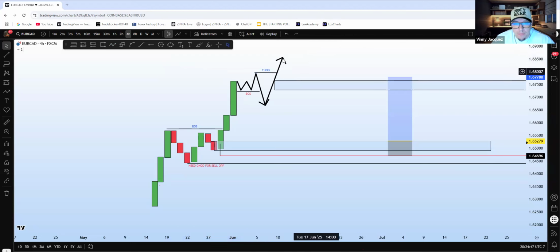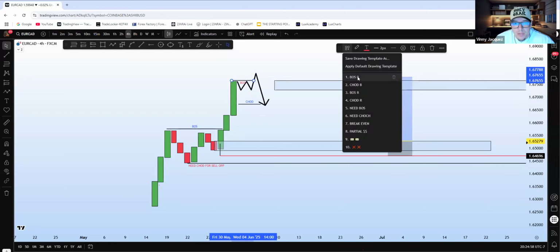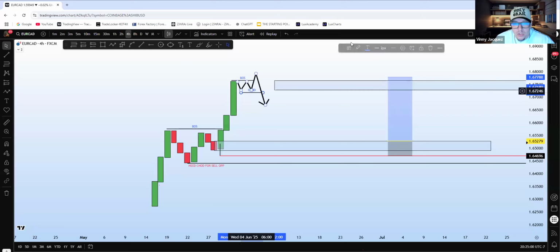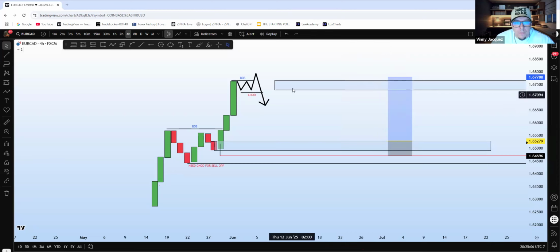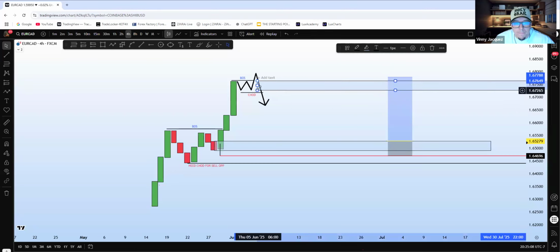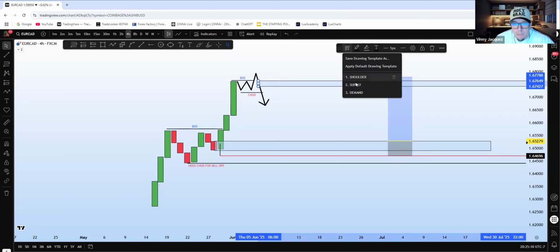Now, let's switch, because sometimes you will see the head and shoulder that starts the retracement phase. And this is where people can start participating in counter trend sells, right?